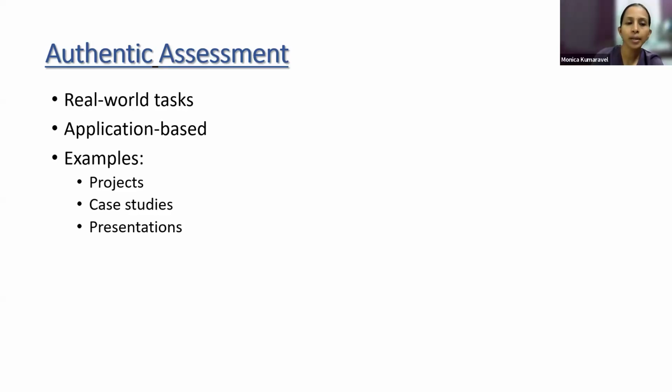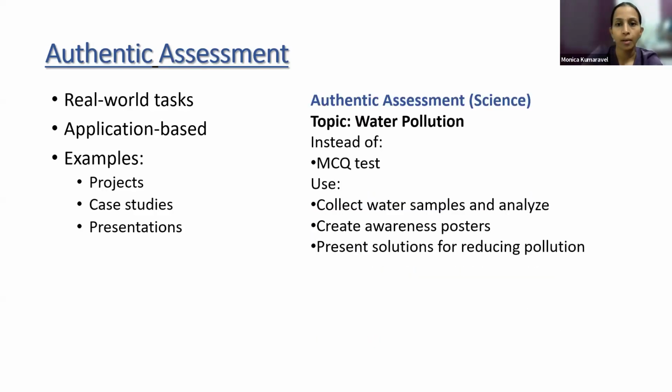We can also ask the students to create an awareness poster on water pollution, and ask some students to suggest solutions, right? All these kinds of authentic assessment will build a deeper learning and understanding of the subject. It will also build curiosity among the students, and that will slowly develop interest in the subject. So this is very important.